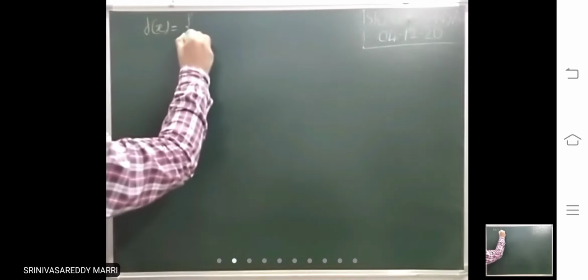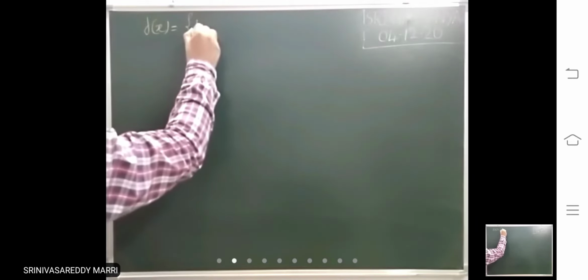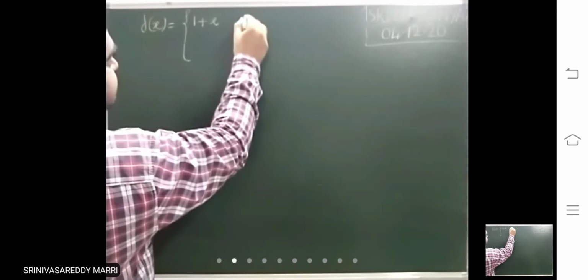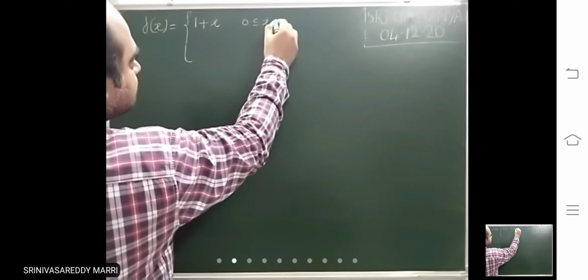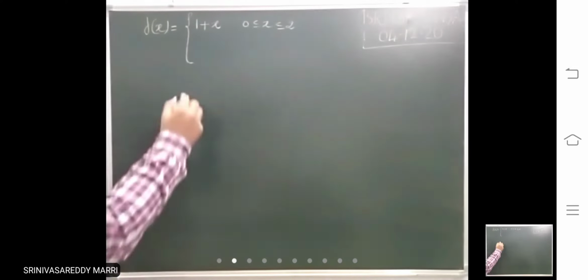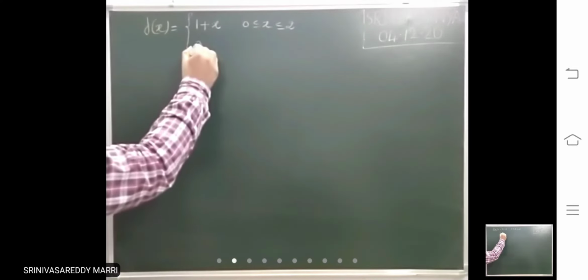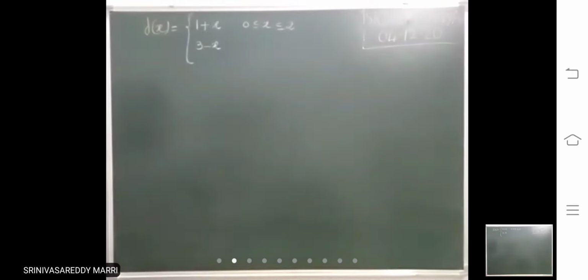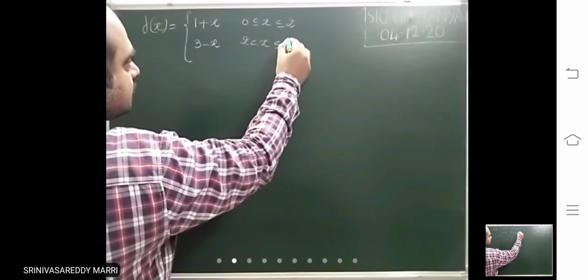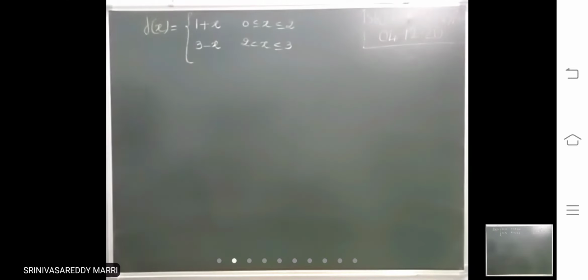Suppose a function is defined like this. f of x equals 1 plus x, and x lies between 0 and 2; 3 minus x, for x between 2 and 3.